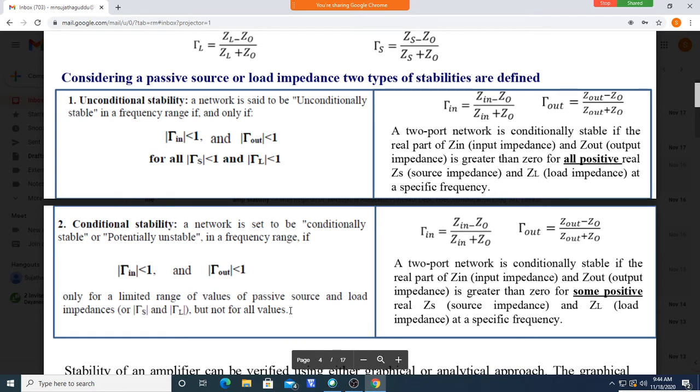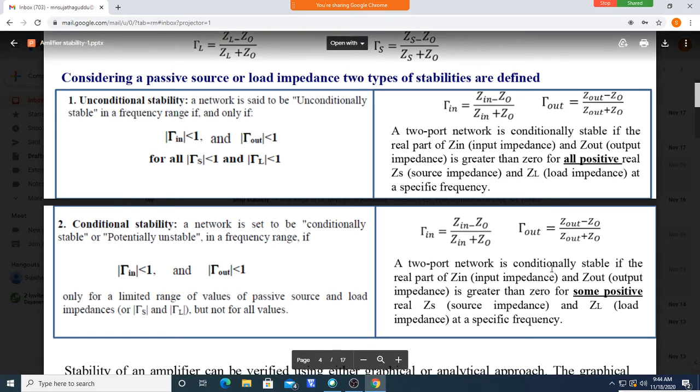Here, Zin and Zout are greater than 0 only for some positive values of Zs and ZL. Zin depends on ZL, Zout depends on Zs.